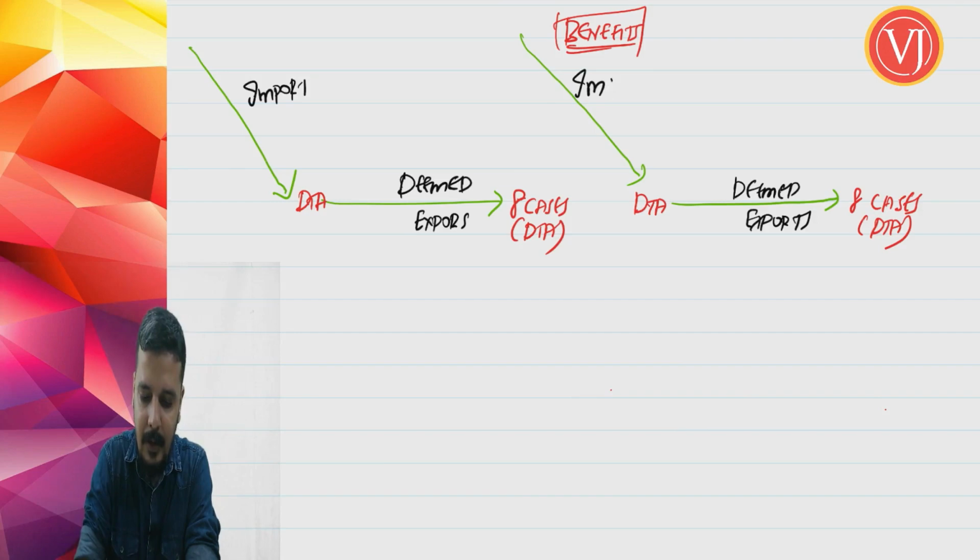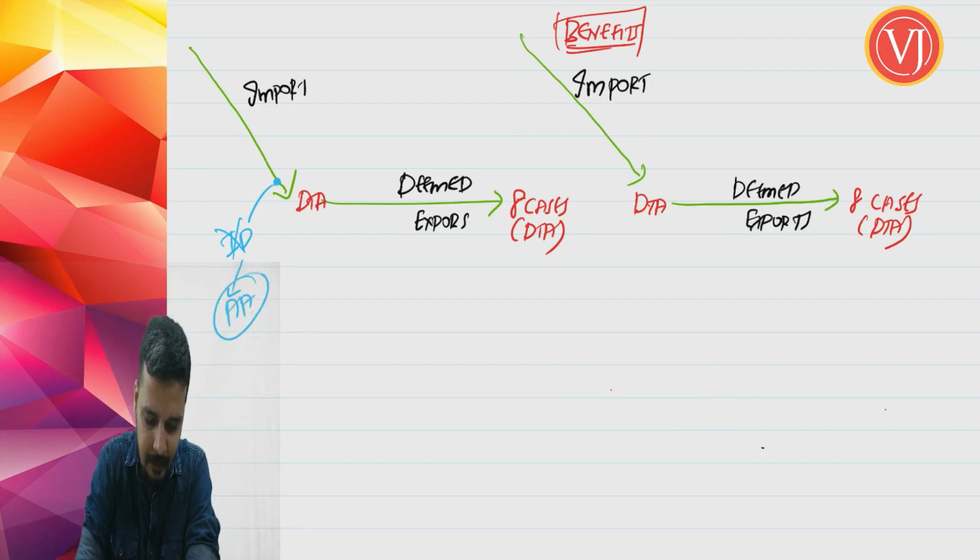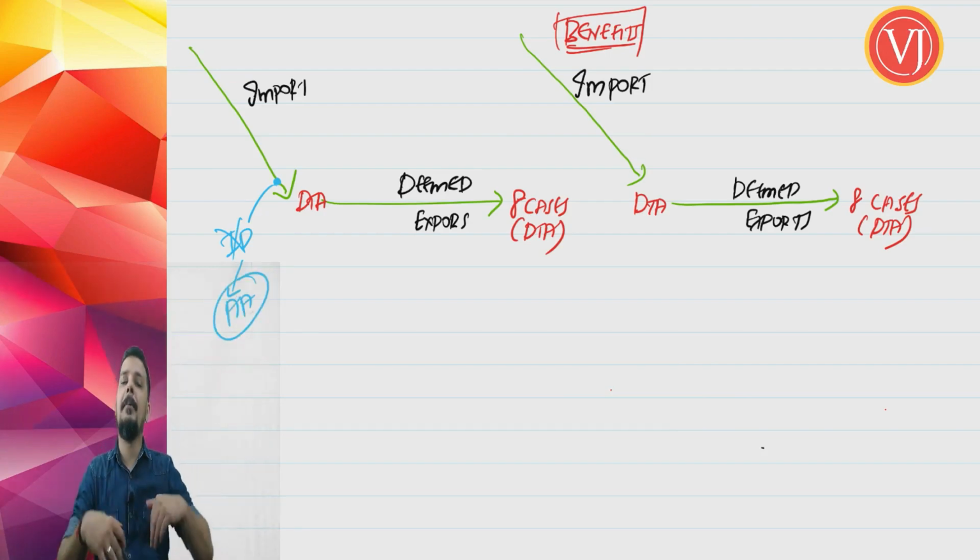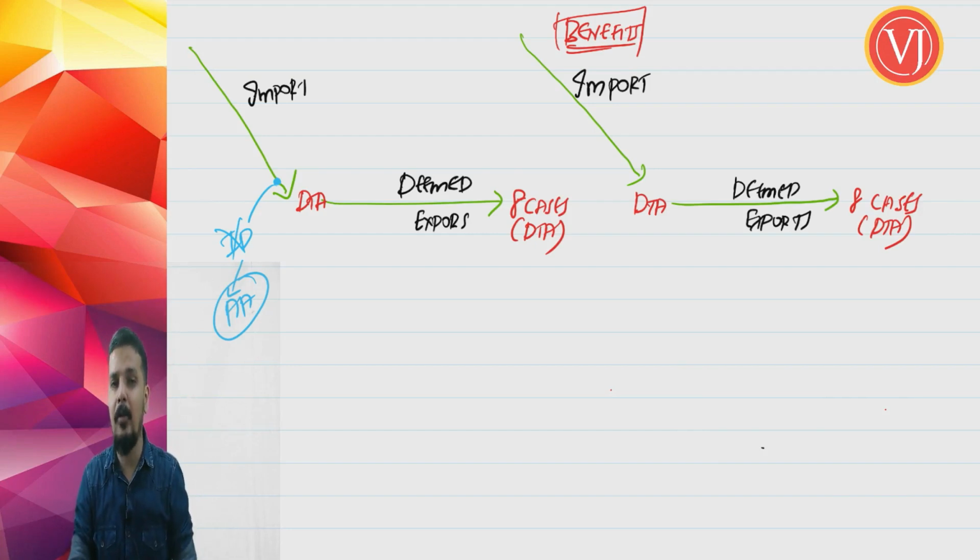Rather, it's only inputs. Now this domestic tariff area can import the inputs without payment of import duty, going by advance authorization. So even if I am supplying to, say, a 100% EOU, one of the examples of deemed export, I can also apply for advance authorization.